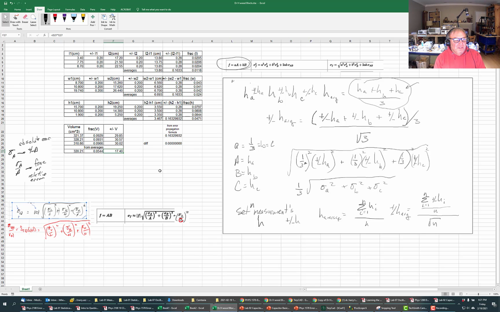So, in a pinch, you can always take a bunch of measurements, get their average value, and then you can find out the new error by simply dividing the square root of the original errors by the number of them.